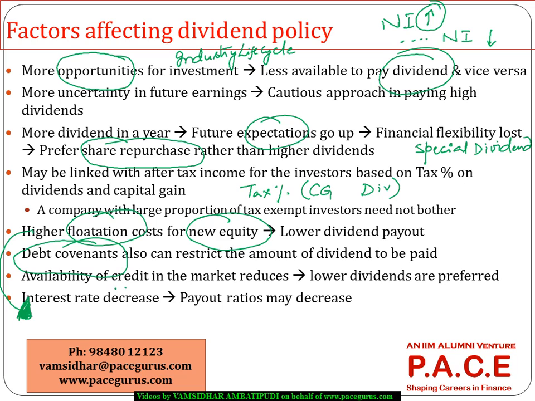If the availability of debt in the market typically goes down, obviously the company has to depend more and more on internal sources of capital itself. So even in those cases, the dividends will typically go down. So many factors are affecting the dividend policy of the company. Once the company takes into consideration all these factors, only then can it go forward in proposing a dividend policy. All right.